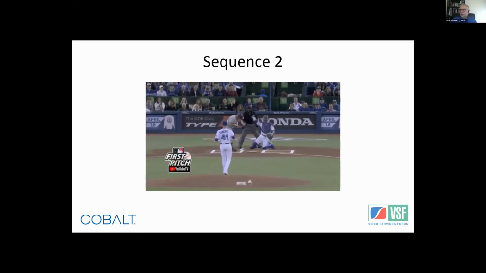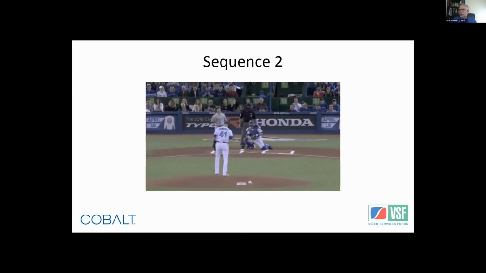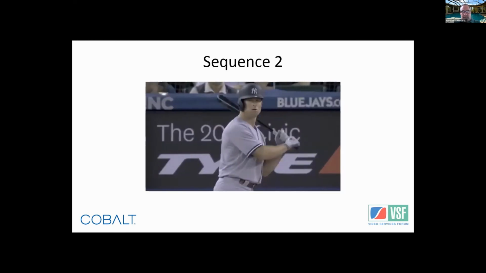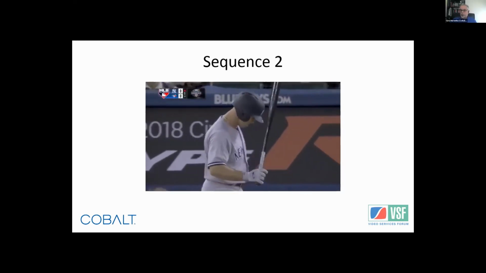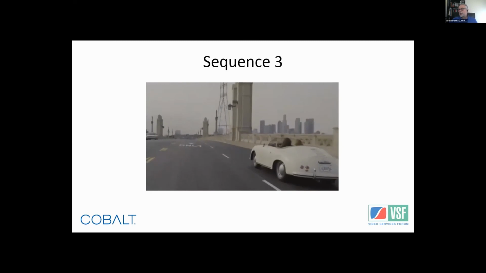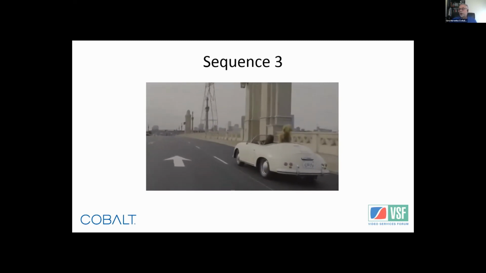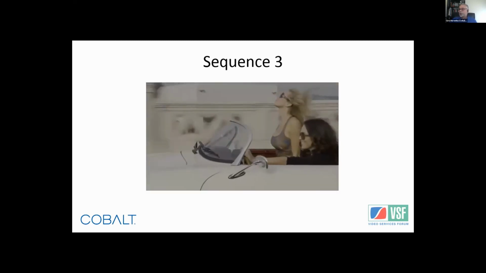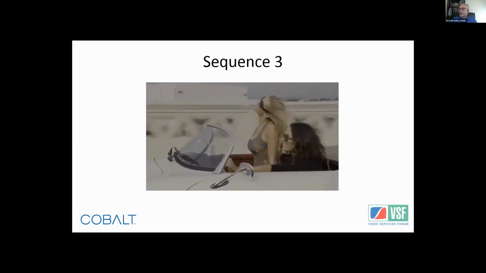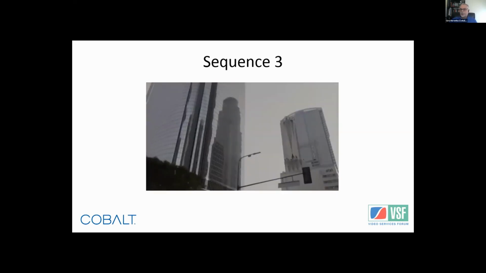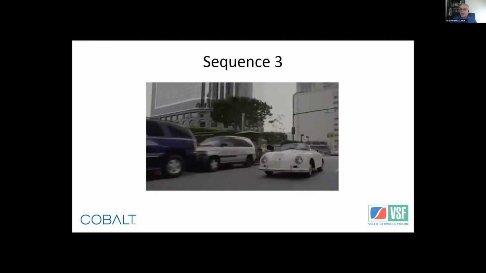My second sequence is the baseball sequence, and the third one is a well-known zombie sequence. I have no idea why it's called the zombie sequence, because there are no zombies in it. Maybe later. I'm just adding commentary so you don't get bored.